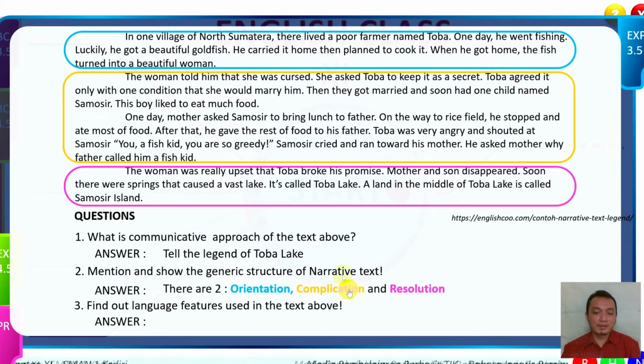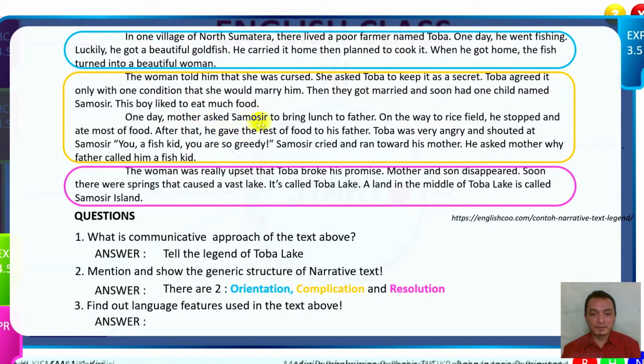And then the complication happens, consisting of the climax, the events or the problems appearing. This is the problem happening. The woman told him that she was cursed. This is a problem. And then she asked Toba to keep it secret.